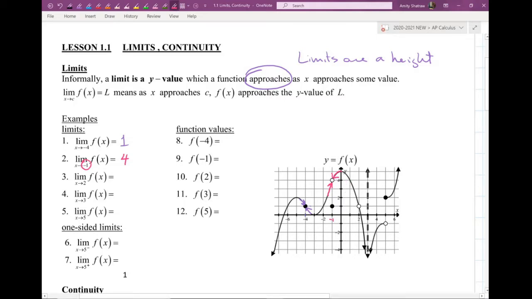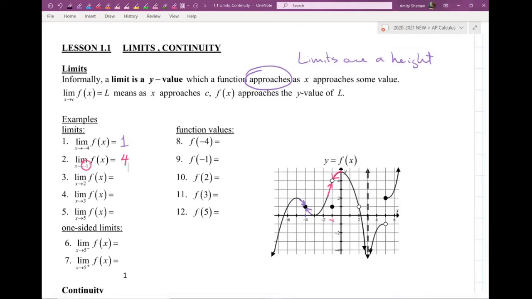Okay, so now I want to take a look at 2. When I'm looking at 2, I see that we have this unique situation again where we're approaching something from both sides, but that there's a hole there. And I got to tell you, I don't care. I feel like we are still getting close to a height of 1. So I'm going to write that down.